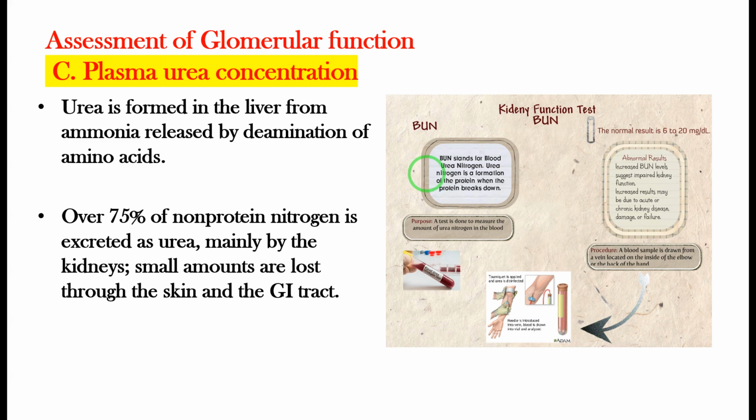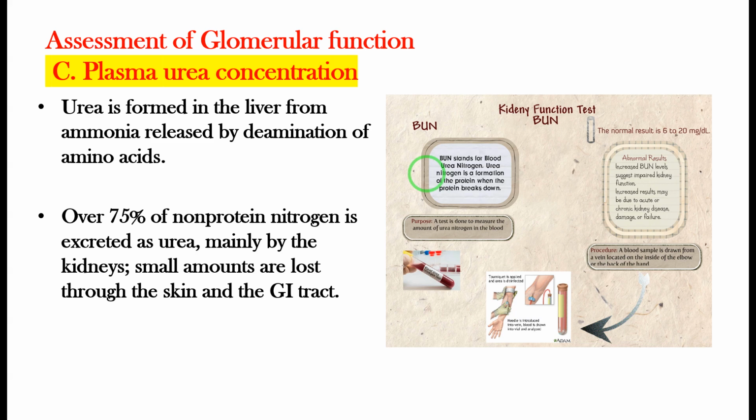The other marker that's used for assessing glomerular function is the plasma urea concentration, although it is of limited value because it's affected by many non-renal causes. Urea is formed from ammonia in the liver in the urea cycle.